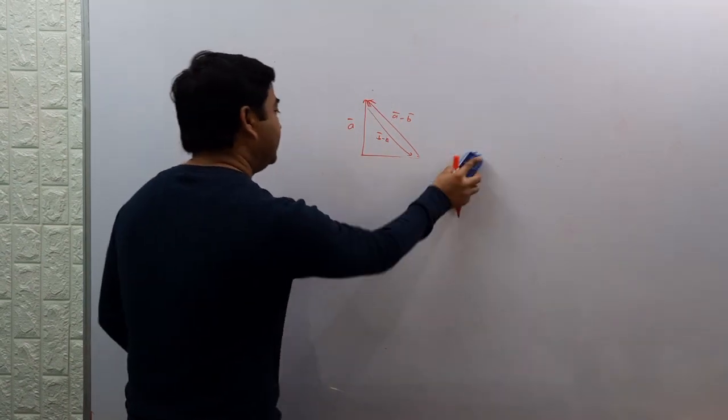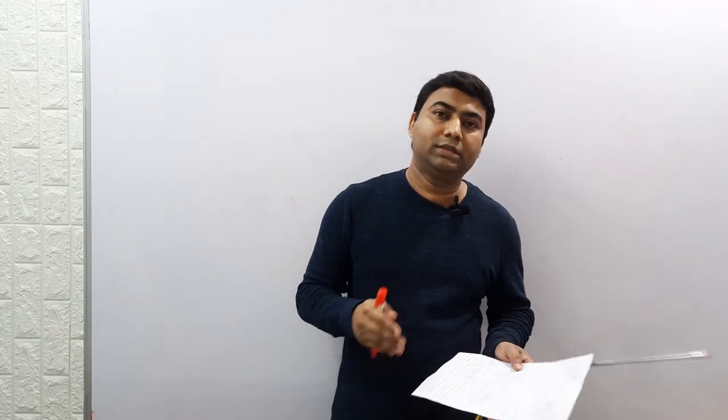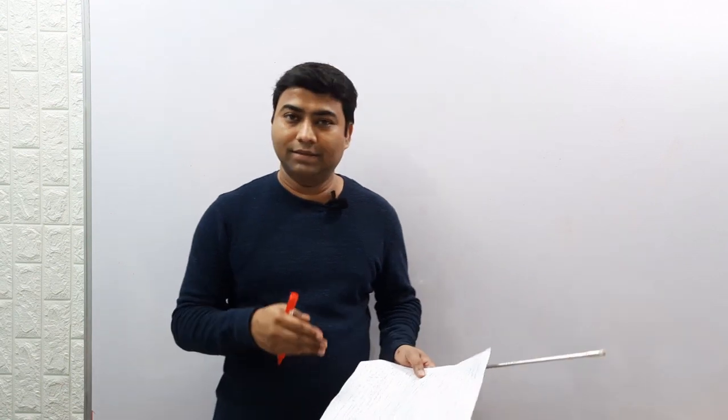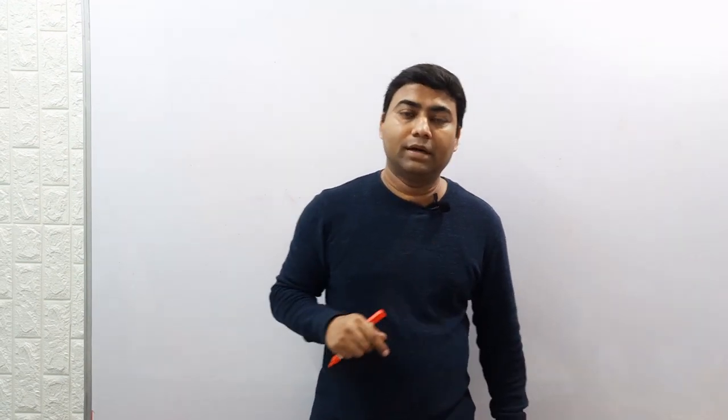Now we will see where we use subtraction. You can say that subtraction is just a special part of addition. Subtraction is not different at all. But sometimes subtraction of vectors is used in a manner where only it is defined.